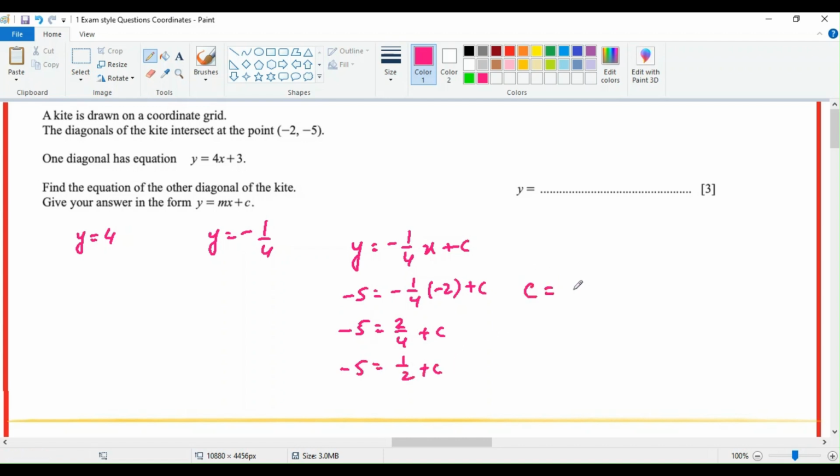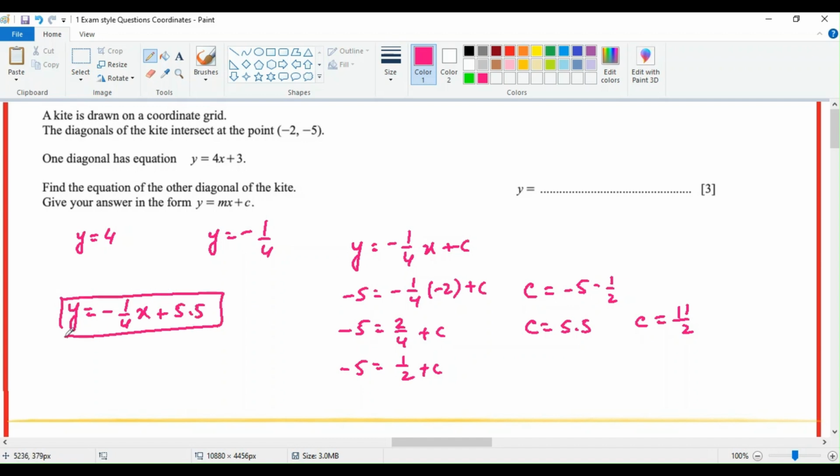That means c equals negative 5 minus 1 over 2, so c equals negative 5.5, or in some questions they may say negative 11 over 2. Both are the same. So now the equation is going to be y equals negative 1 over 4 x minus 5.5, or minus 11 over 2. Both are the same thing.